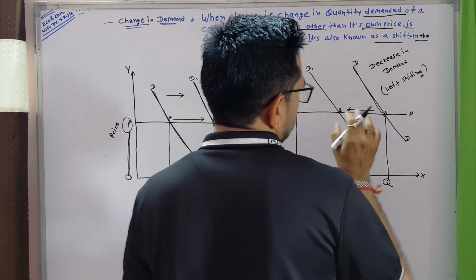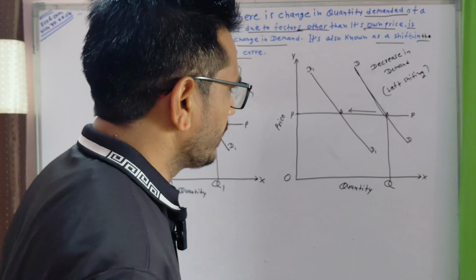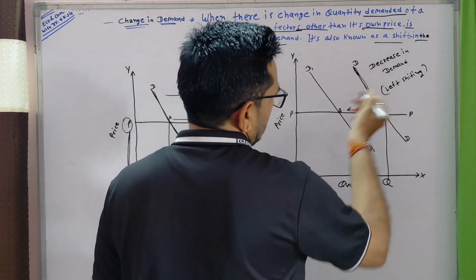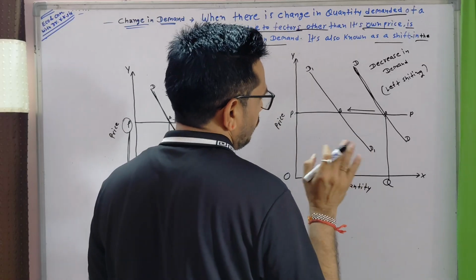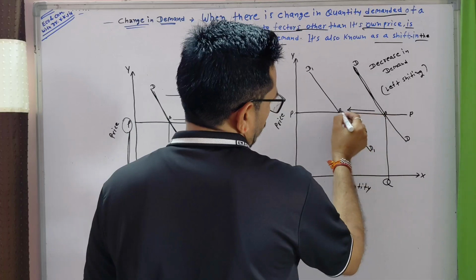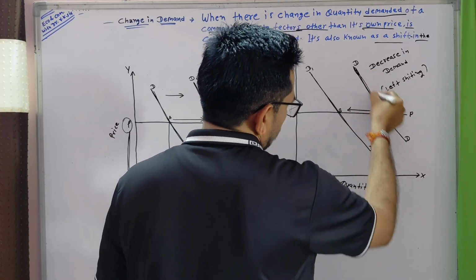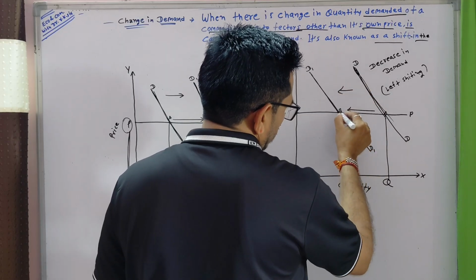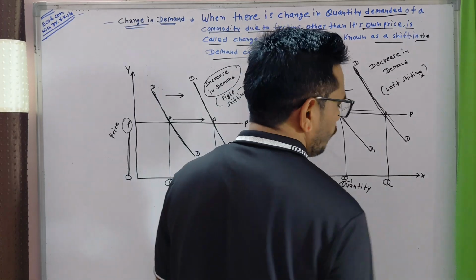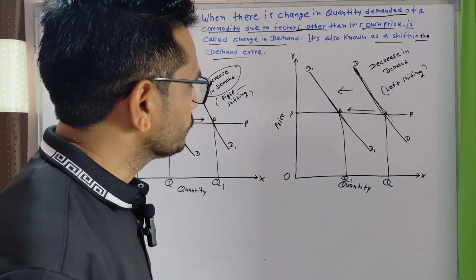When other factors change, with no change in its own price, the DD demand curve is not moving but shifting to the left, from point A to B, that is D1. So quantity demanded decreases from OQ to OQ1. That is a decrease in demand.